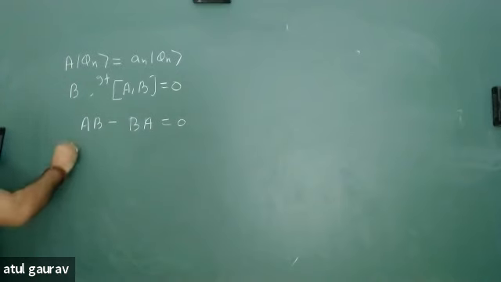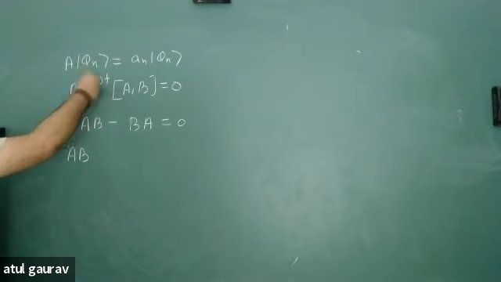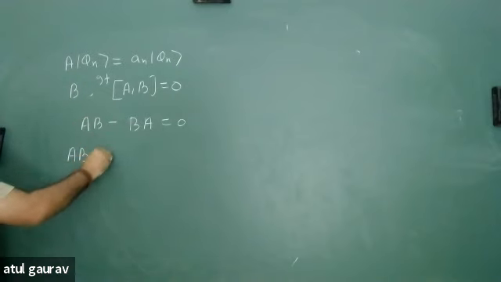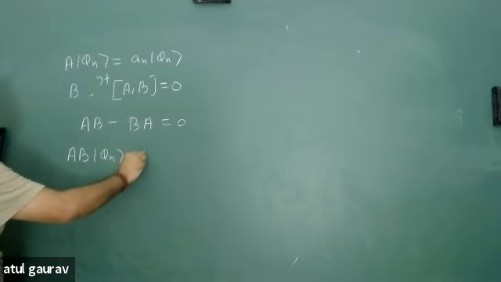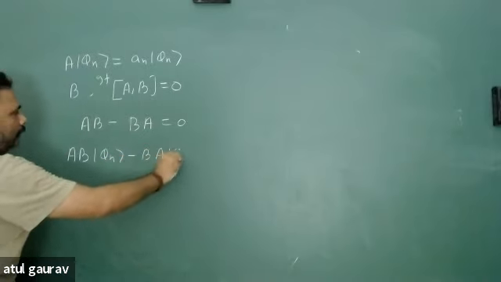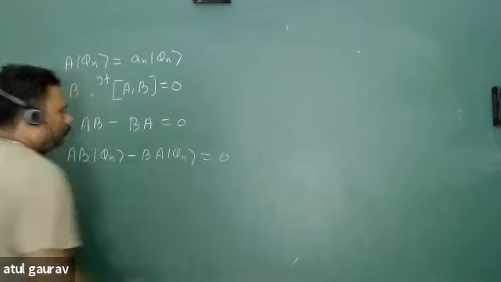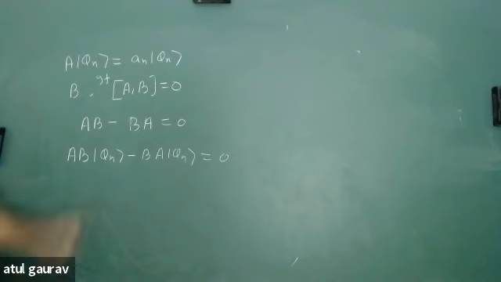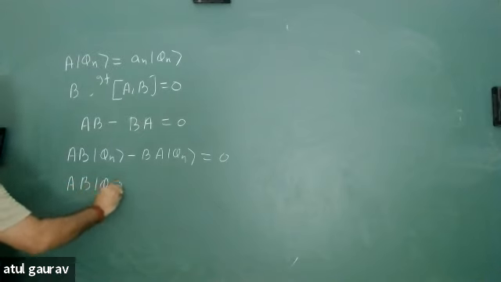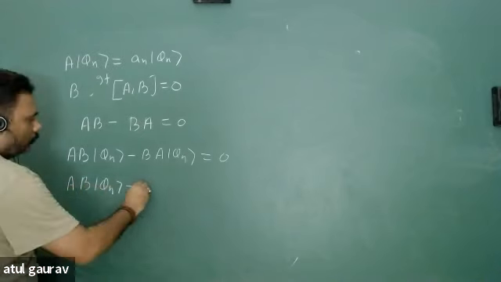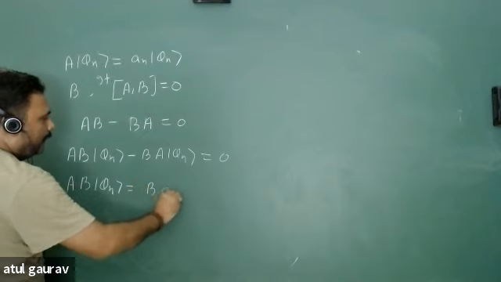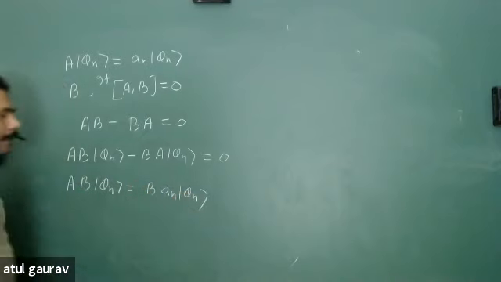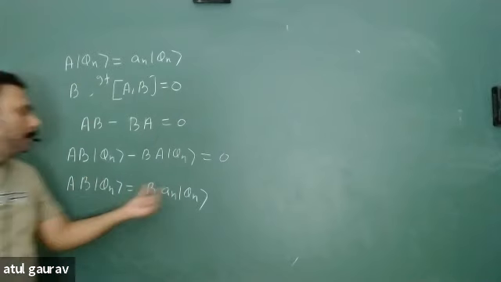And we can operate on φ_n on both sides. So I have AB φ_n minus BA φ_n is equal to 0. What will happen? A will operate on φ_n, we will get a_n φ_n. So I can write AB φ_n is equal to B a_n φ_n. And a_n is a number, so you can write a number anywhere.